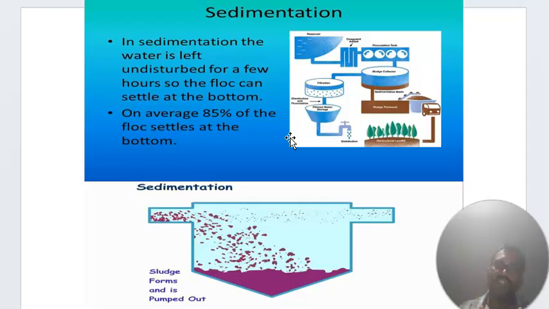To settle undissolved suspended particles to the bottom. Suppose you have a stone in your water, the stone should settle down and the upper water should be transported. That is called sedimentation. It means particles settle to the bottom of the water or any liquid.